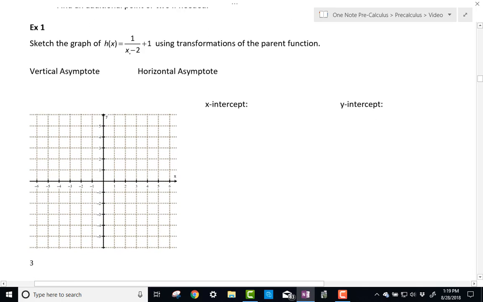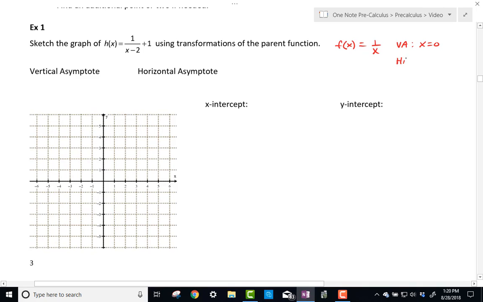I want to try and graph this using a translation or transformation of the parent function. Well, what's my parent function? Again, I want to keep in mind that my parent function is f of x equals 1 over x. And there's a couple of things I know about f of x equals 1 over x now. I know that it has a vertical asymptote at x equals 0, because I can't plug 0 into there.